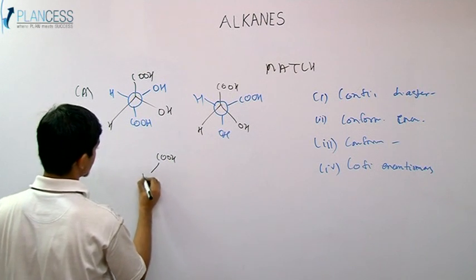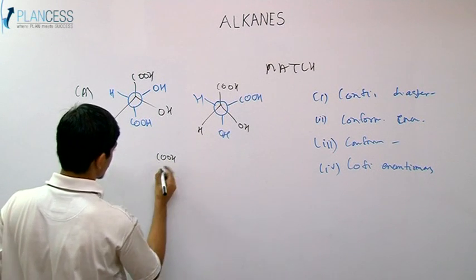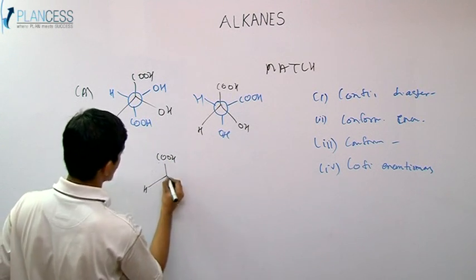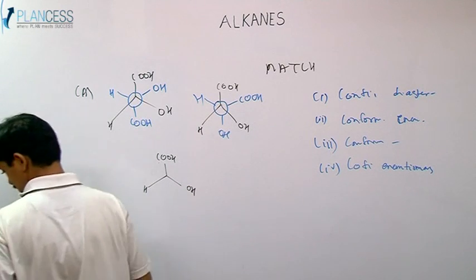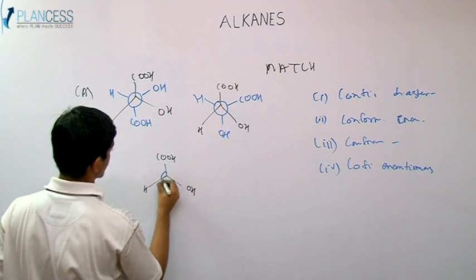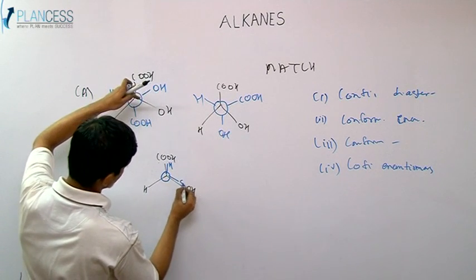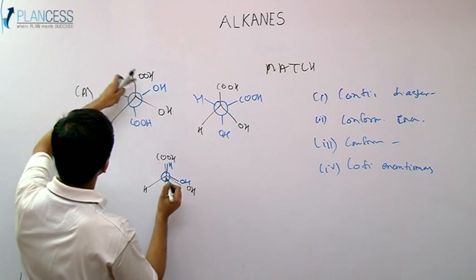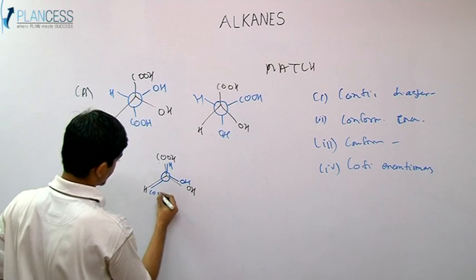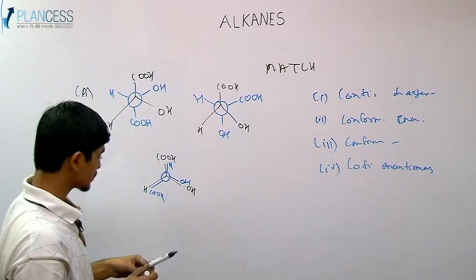So COH, H, OH, and then the blue carbon is H, OH and COH. This is the eclipsed conformation.